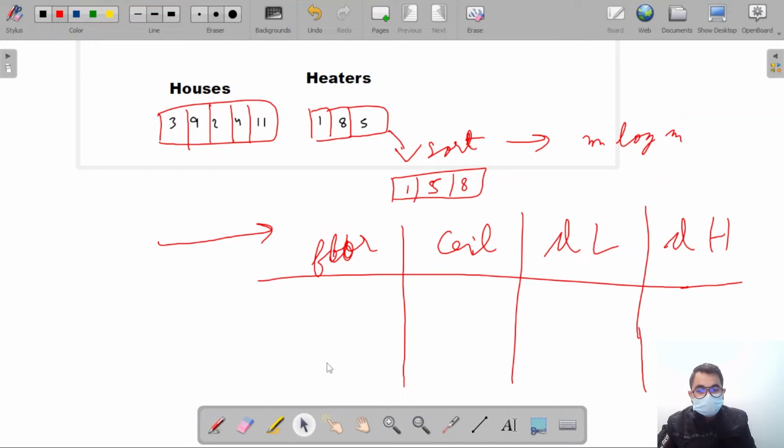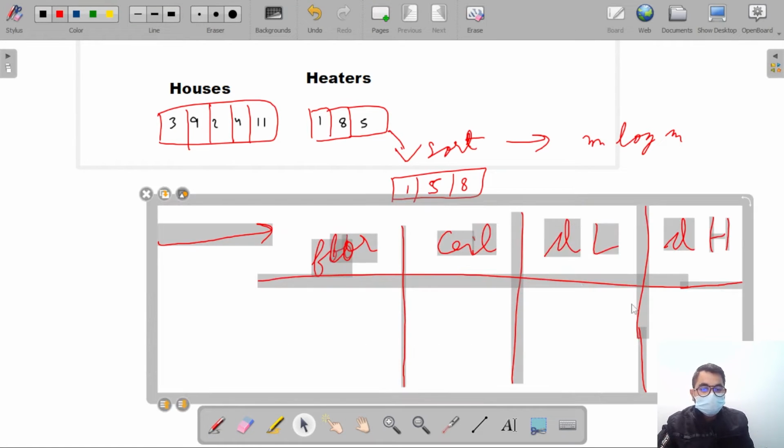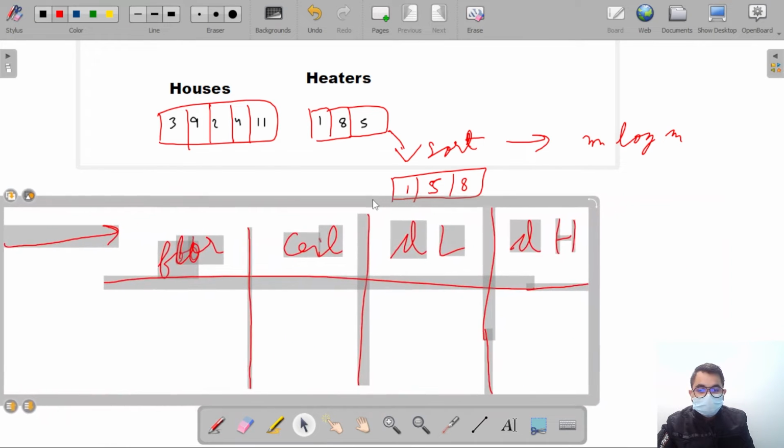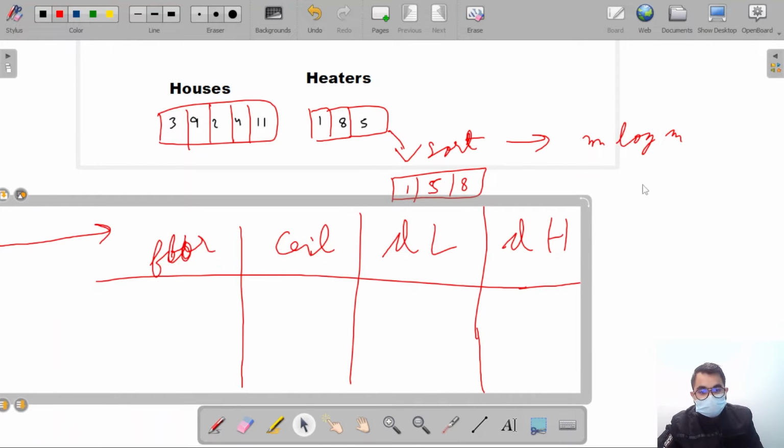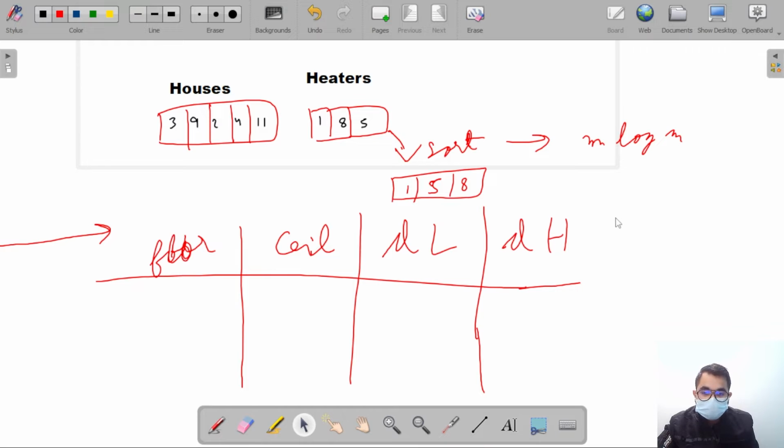That is, the distance between the house and the heater. For 3, my floor will be 1 and ceil will be 5. If I calculate my distance from the left, it will be 3 minus 1, 2.